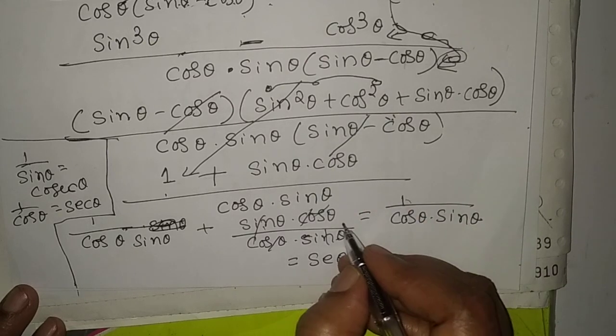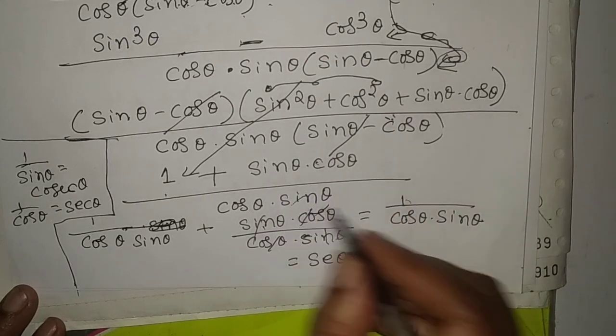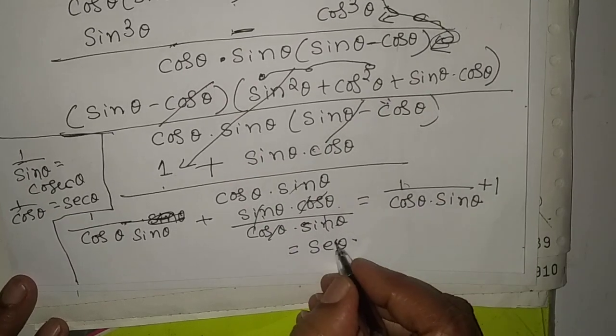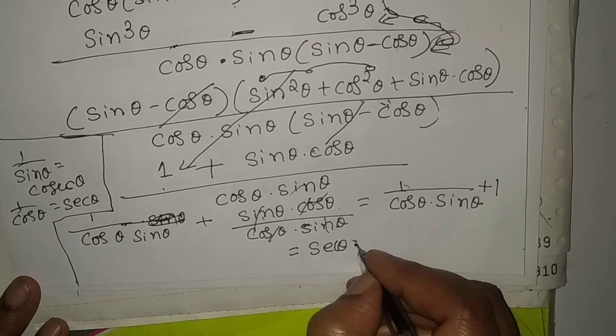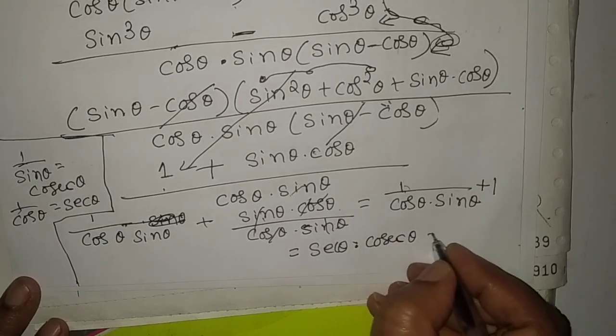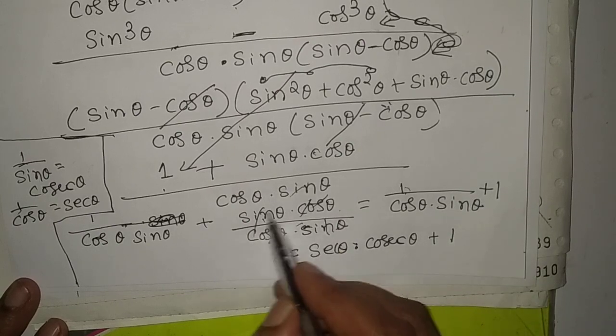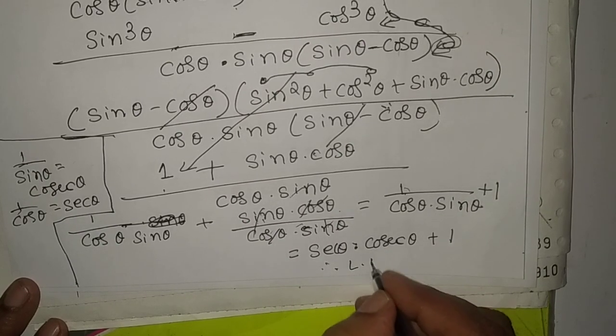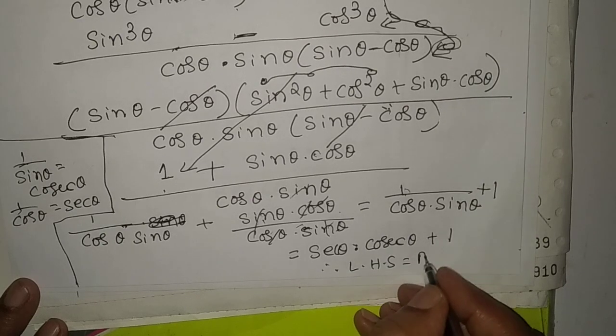So I left out this 1, so this is 1 plus 1 here. So secant theta into cosecant theta plus 1, because these things cancel here, plus 1. Therefore finally LHS is equal to RHS.